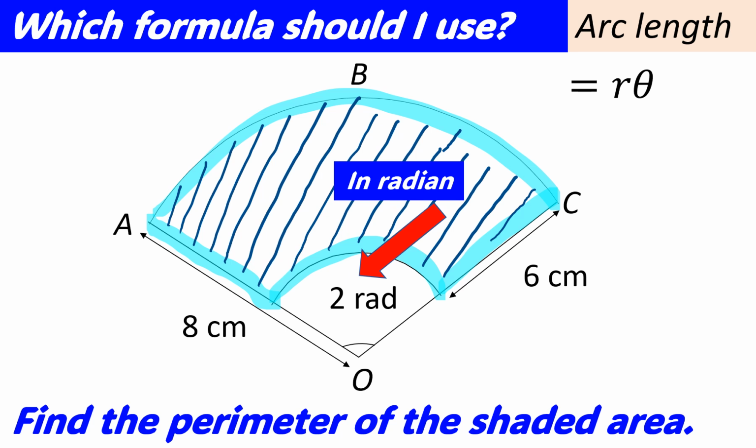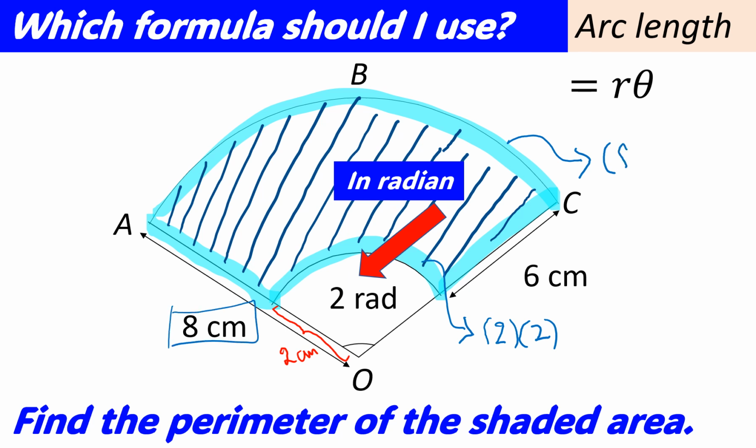What we do know is that this length here is equal to 2 cm. If we want to find this smaller arc length here, the radius is equal to 2, and the angle given is also 2 radian. And when we want to find the bigger arc length ABC, over here the radius is now equal to 8 cm.